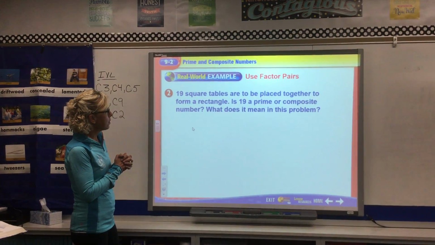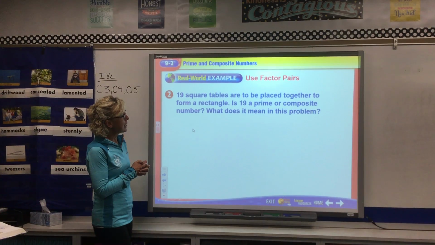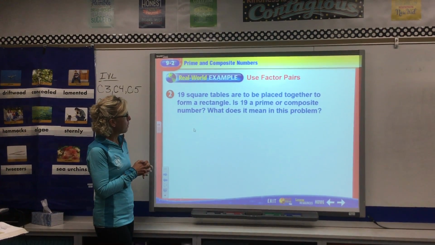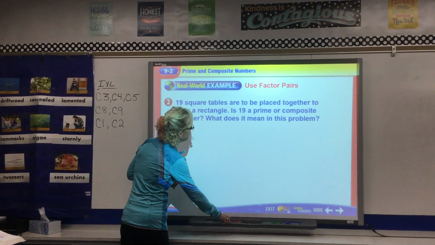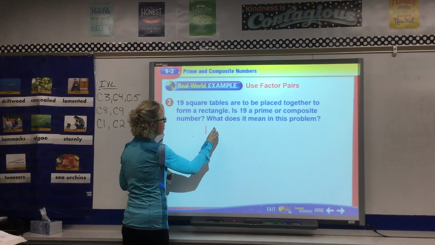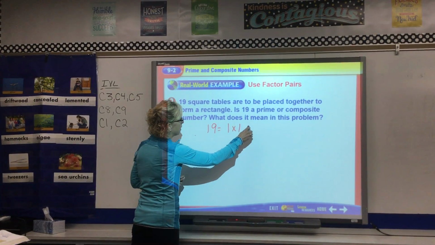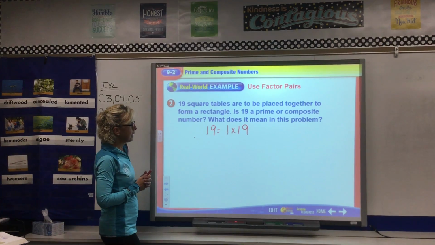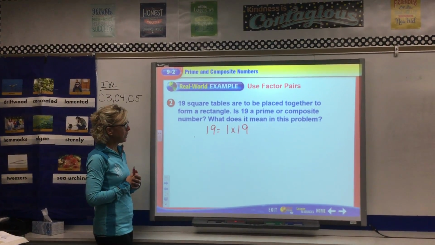19 square tables are to be placed together to form a rectangle. Is 19 a prime or a composite number? If you look at the number 19, when you think about factors of 19, I know that 1 times 19 is 19, and I can't think of any other numbers that I could multiply together to get 19.